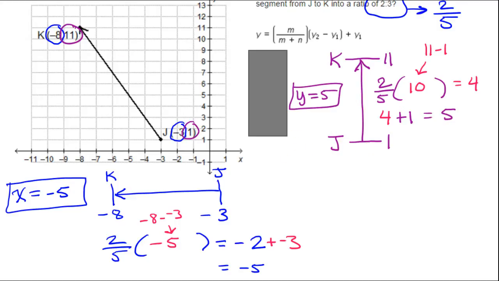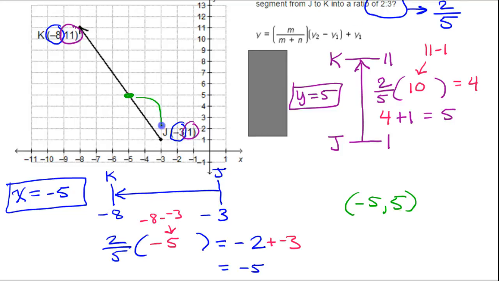Now, if I needed to write all this as an ordered pair, the point that partitions this would be the point -5, 5. Let's check it out. -5, 5 would be right here. This is the point that would partition this. I want the ratio of 2 to 3.